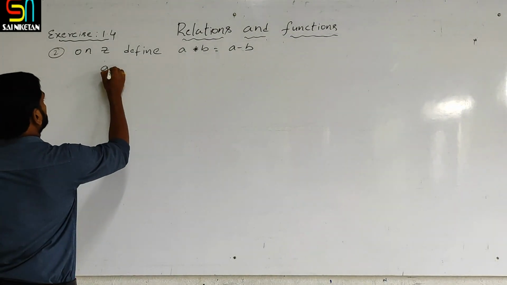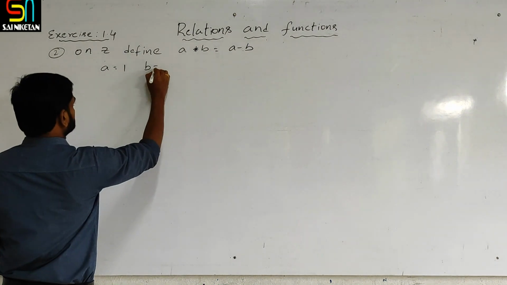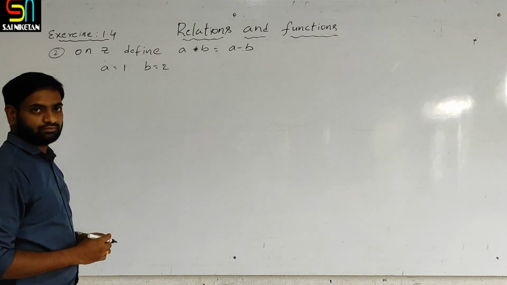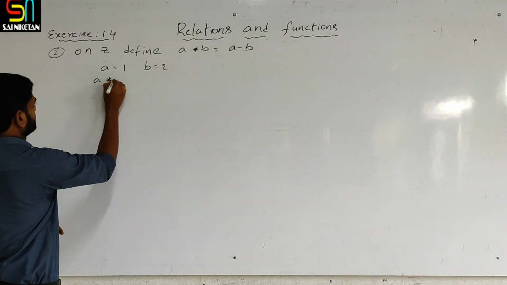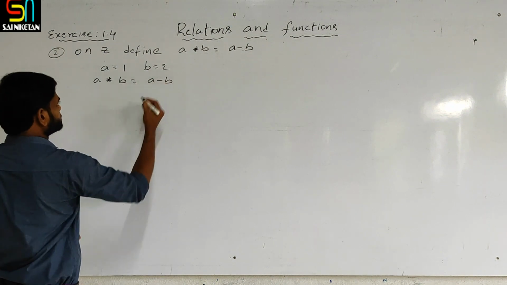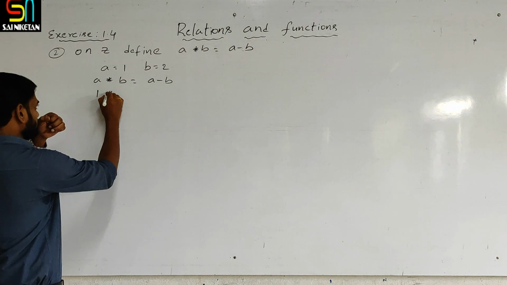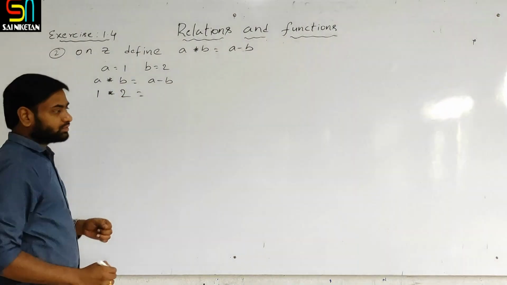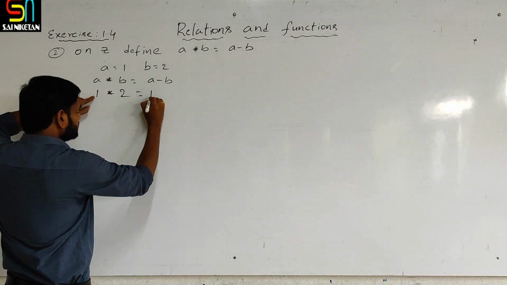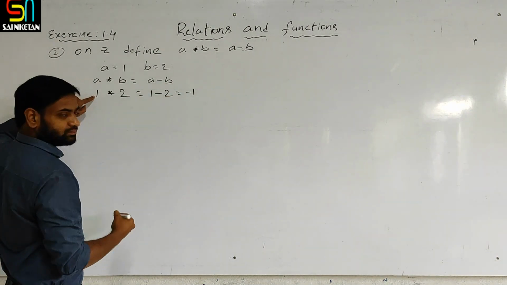See here. I am taking A value as 1, B value as 2. Substitute into the operation A star B is equal to A minus B. A value is 1, star, B value is 2. So, 1 minus 2 is minus 1.